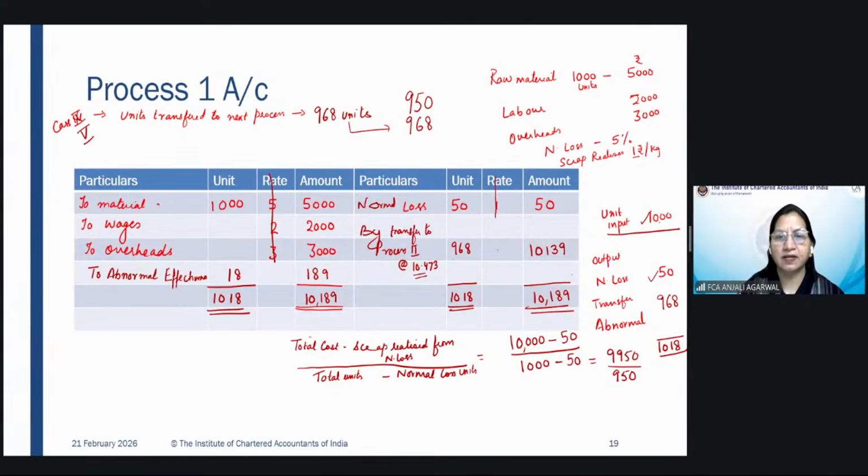The rate columns do not tally. So these units and amount are the important columns which should tally. Right? So I hope this is clear so far. Now, a very interesting thing will come here, and that is how much were the units sold as scrap?